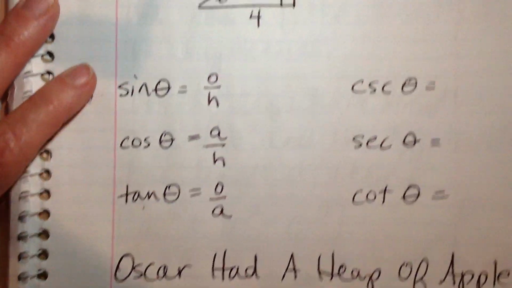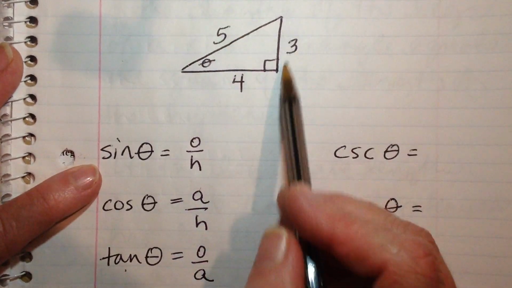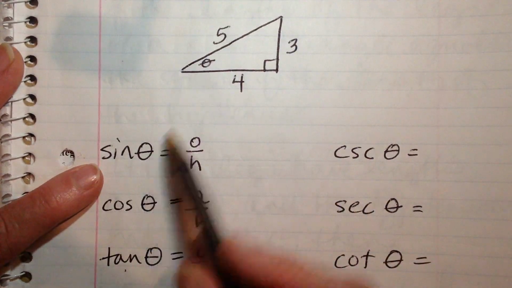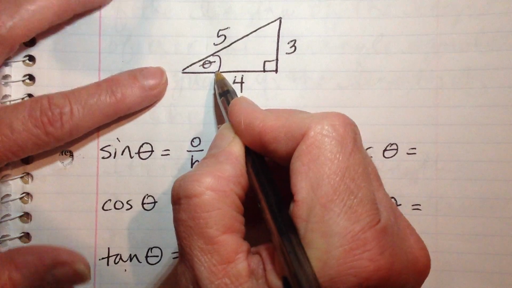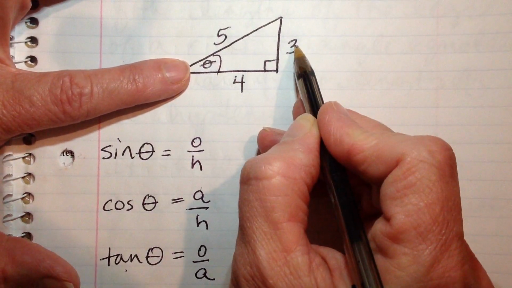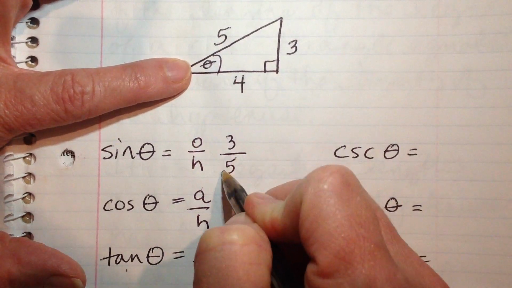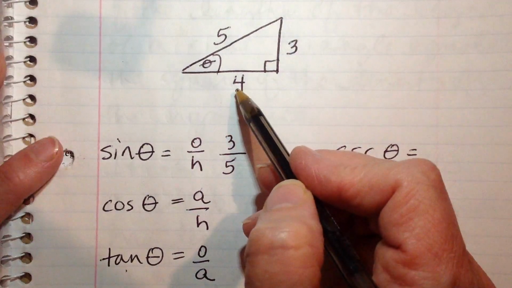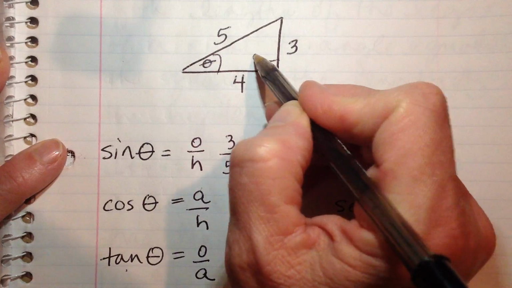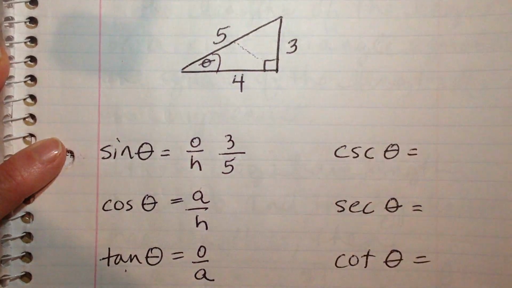Now, using our values from our triangle, sine of theta. Here's angle theta. Opposite theta is 3. The hypotenuse is 5. The hypotenuse will always be the largest of the 3 sides. The hypotenuse will always be the side opposite the right angle.